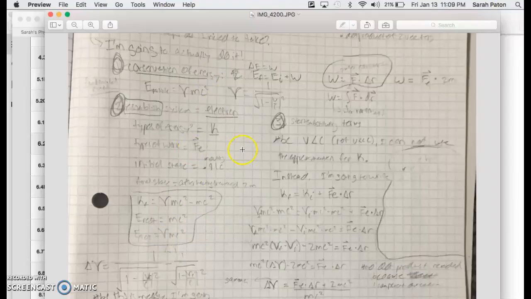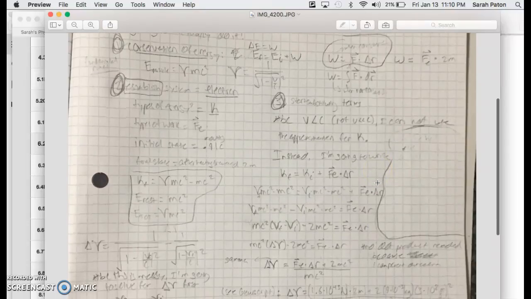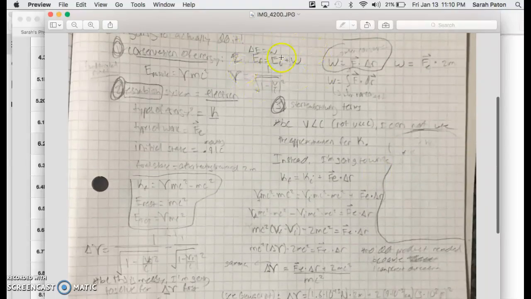Next, with these terms, I started substituting because I knew that velocity was very close to c. I knew that I could not use the approximation for K, which is 1/2 mv squared. So instead, I took this equation and wrote it out using the variables I established.